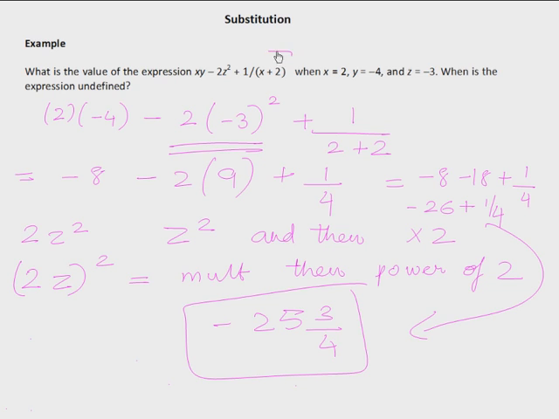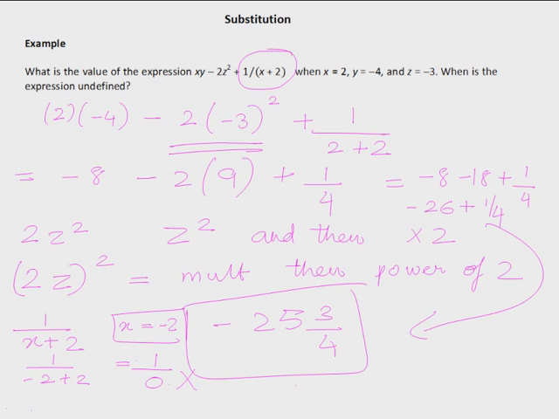So what's the term that causes division? 1 by x plus 2. So 1 by x plus 2 will not be evaluated if x is minus 2. If x was minus 2, then I would end up getting 1 by minus 2 plus 2, which is 1 by 0, which is a complete no-no. So the expression is not defined when x is minus 2.